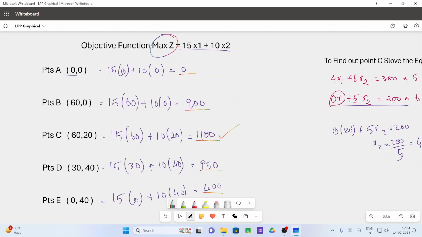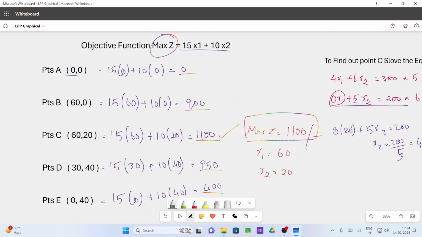So finally max z, that is the maximum profit that you can attain, is 1100 when you have x1 as 60 and x2 as 20. That means you have to manufacture 60 numbers of x1 products and 20 numbers of x2 products, so that you can attain a maximum profit of 1100. This is how you have to interpret the results.